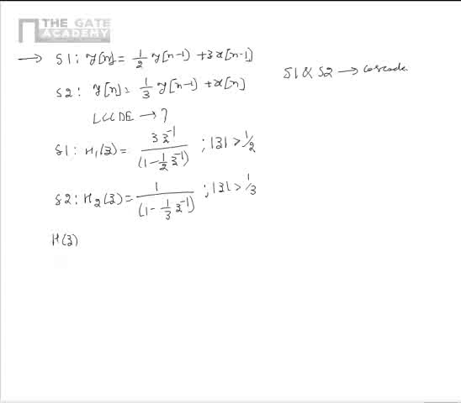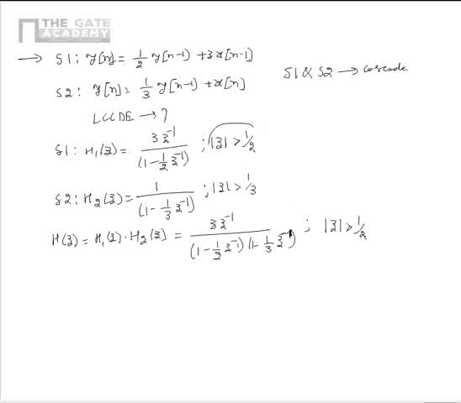From this, we see that the overall system function H(z) = H1(z) multiplied by H2(z). So the system function becomes 3z^-1 divided by (1 - 1/2 z^-1)(1 - 1/3 z^-1), with the ROC as |z| > 1/2, as the ROC is the intersection of |z| > 1/2 and |z| > 1/3. But we know that the system function H(z) = Y(z)/X(z).